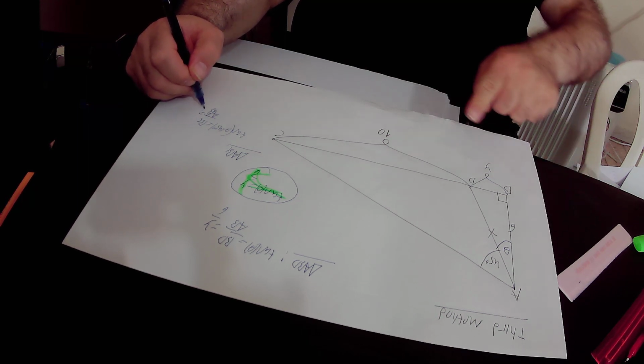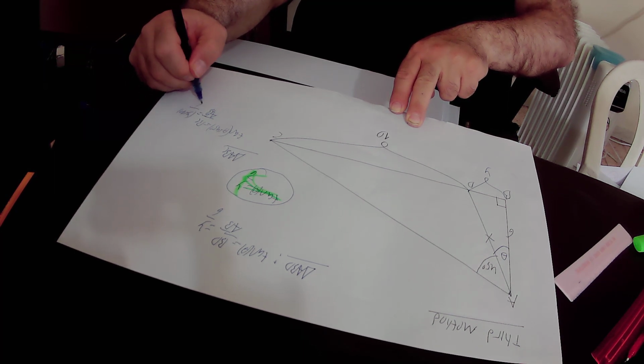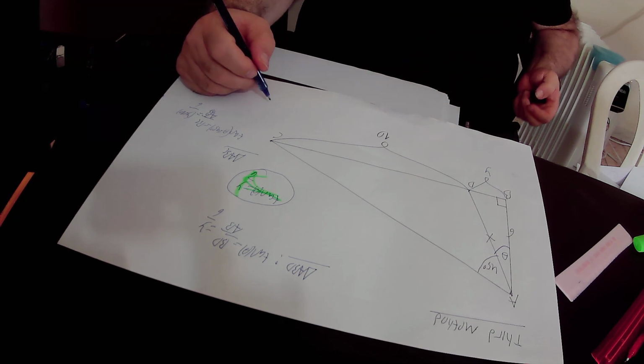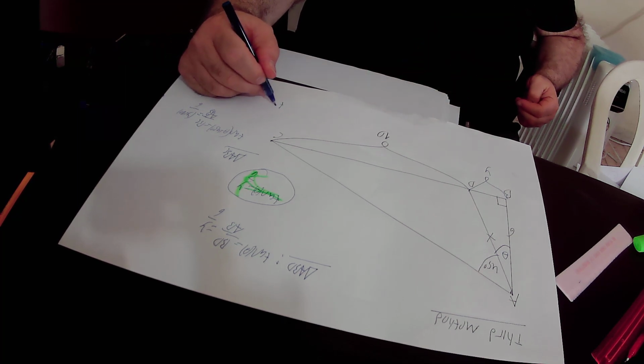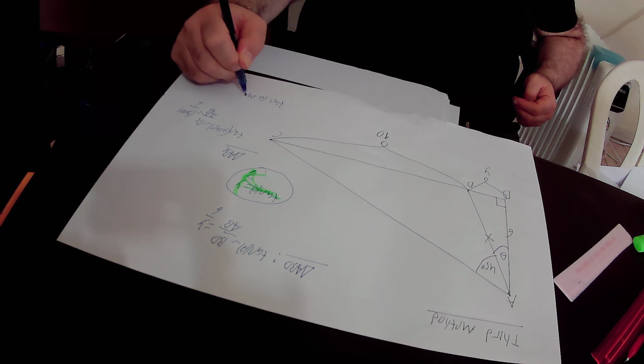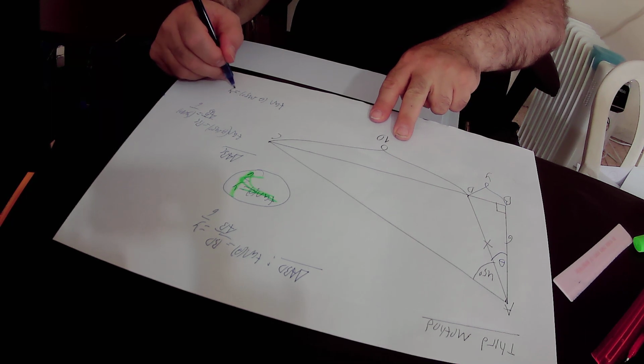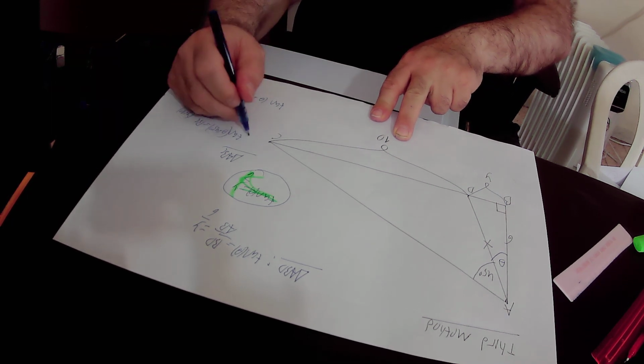BC equals y plus 10 and AB equals 6. So in conclusion, we found that in the right triangle ABC, tangent of theta plus 45 degrees is equal to y plus 10 over 6. This will be equation number 1.